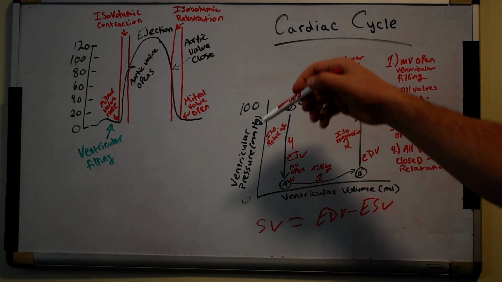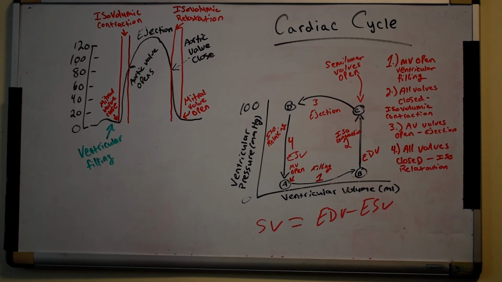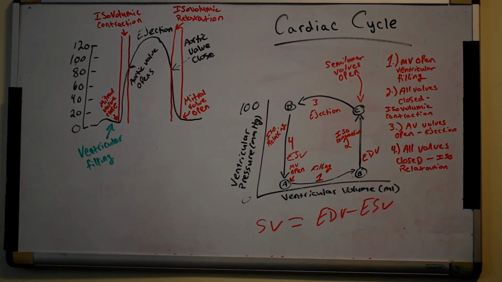But the isovolumic contraction, anytime you're isovolumic, that's a great amount of pressure that the heart is put under. It's a lot of work. So it's very beneficial if we can have isovolumic contraction occur as minimal times as possible.